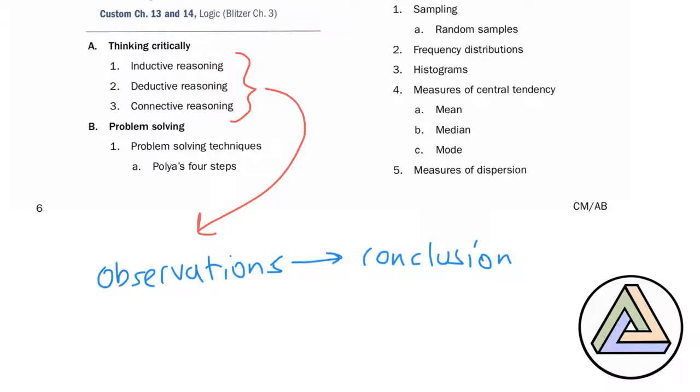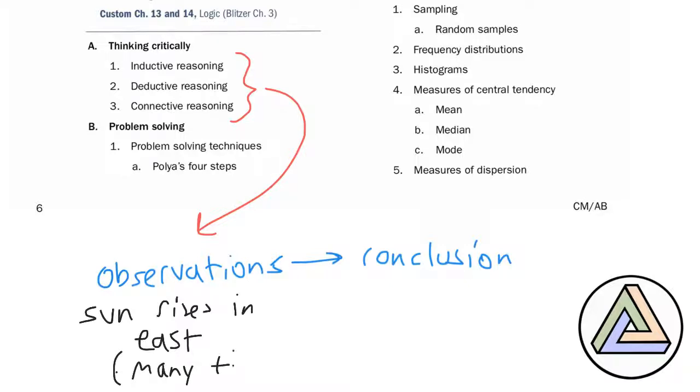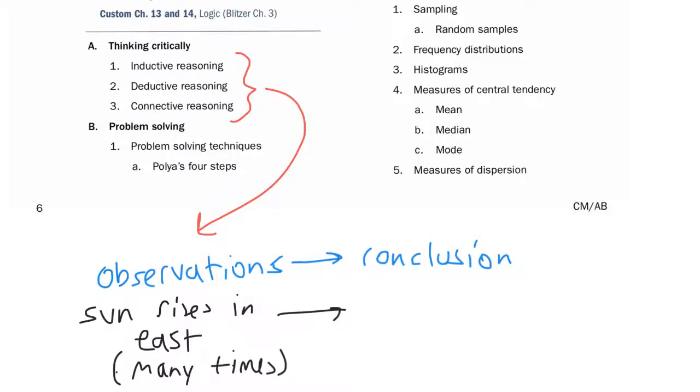So, for example, maybe you have observed that the sun rises in the east, like every day, many times. I'll put in parentheses, many times. And because you've observed that so many times, you make the conclusion that the sun always rises in the east.